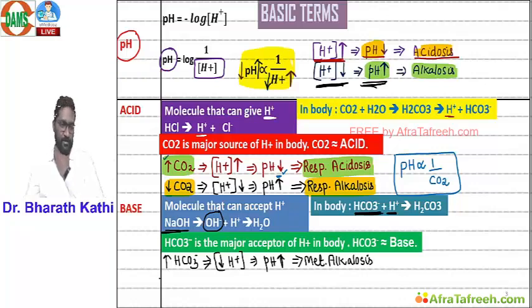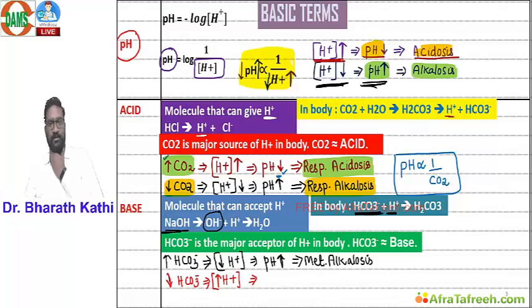Then, because of some disease, if bicarbonate is decreasing, there is nothing accepting H plus. So what will happen to H plus? It will increase. If H plus increases, pH tends to decrease.